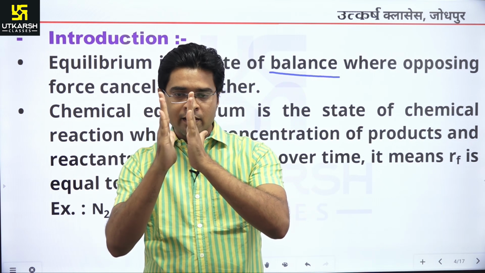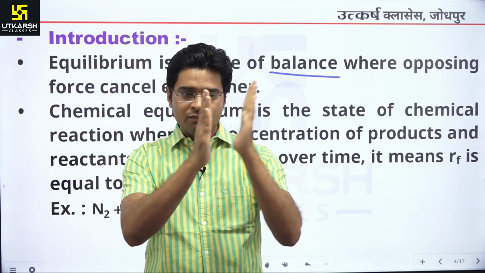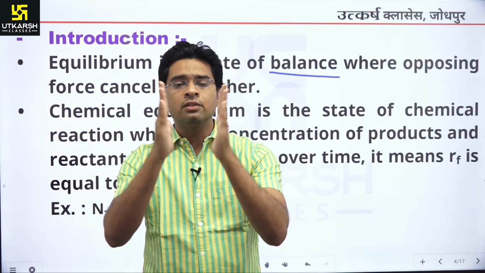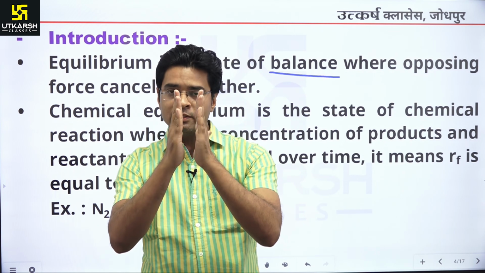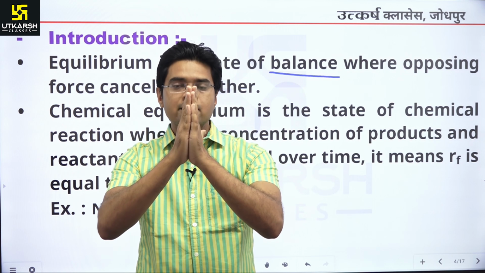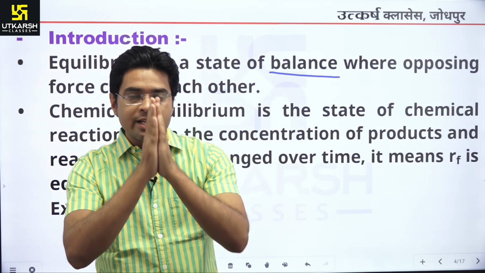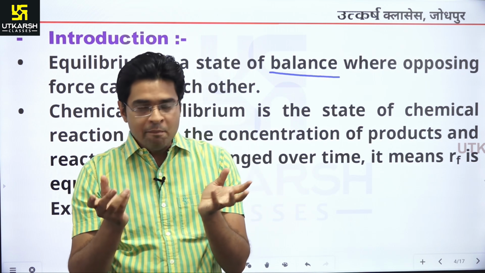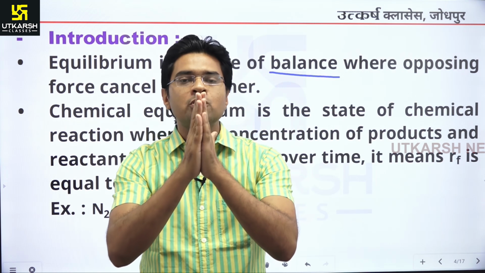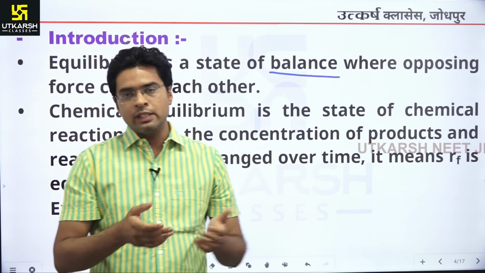If this force is greater, it will move in this direction, and if the other force is greater, it will move in that direction. But if both hands have the same force, or you can say the magnitude of the force is the same, then they are in a state of balance, a state of equilibrium. So it's very simple: whenever two opposite forces balance each other, it is known as equilibrium.